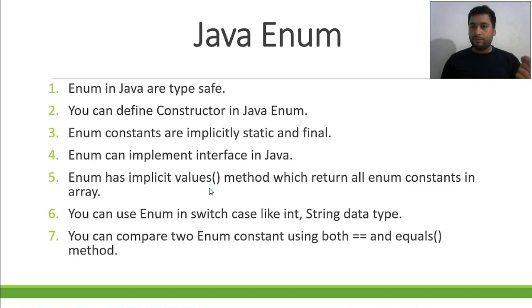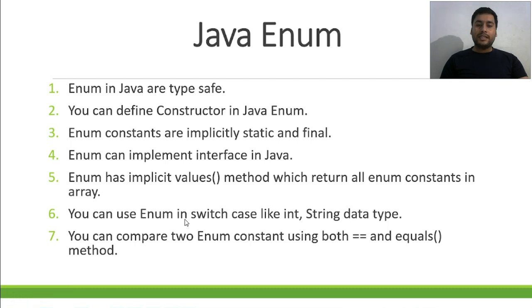In the same way, a string has a length function. In the same way, enum also has one implicit method, values, and through that you can read all the values of the enum, which returns all the enum constants as an array.